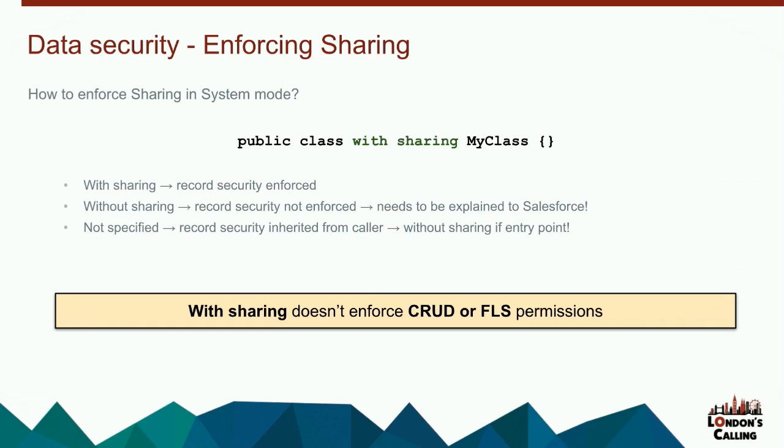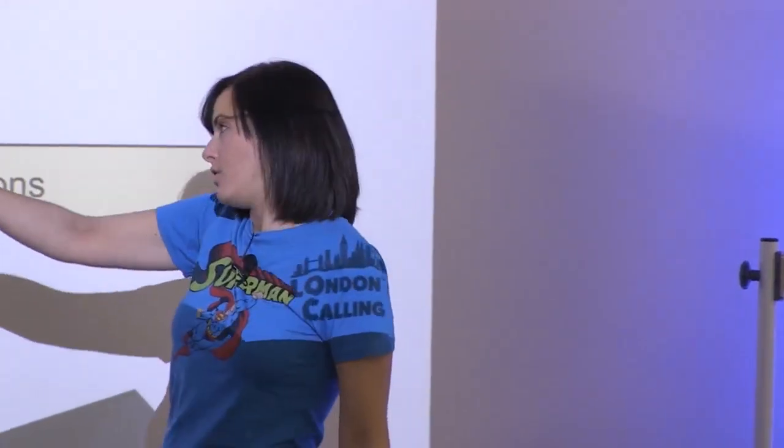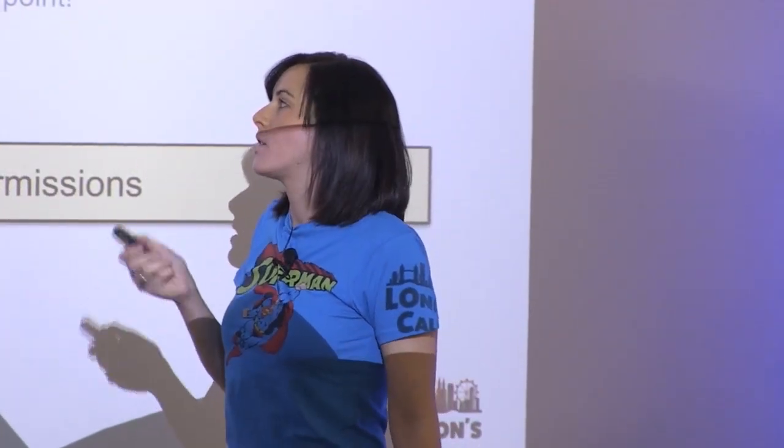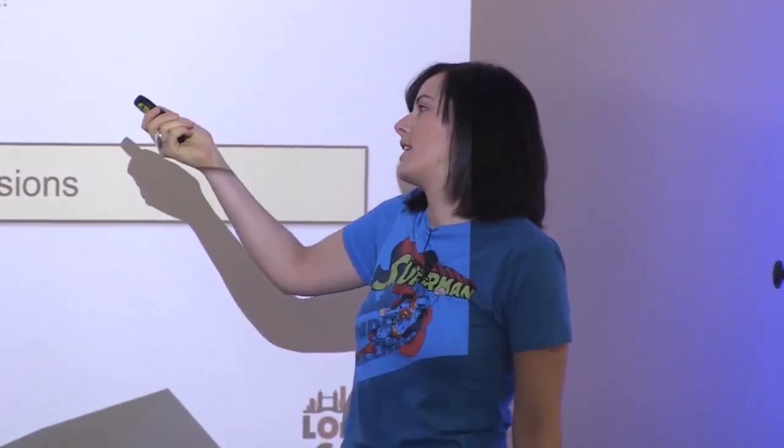And what about sharing? For enforcing sharing, you have to annotate your classes with a clause that says with sharing. But be careful with this, because sharing is a much more complicated concept. If you use with sharing, that means the record security will be enforced in that class.